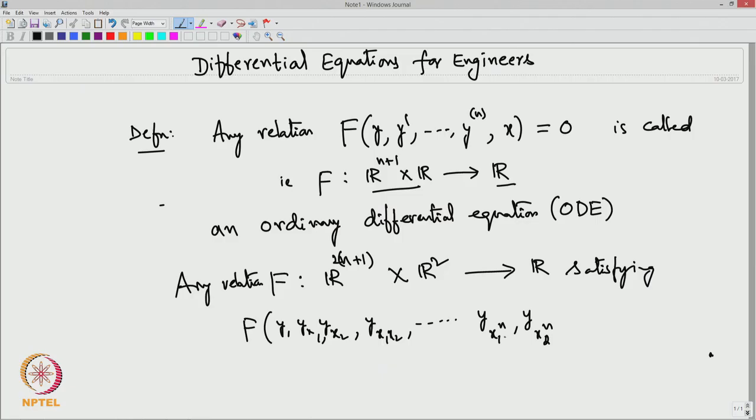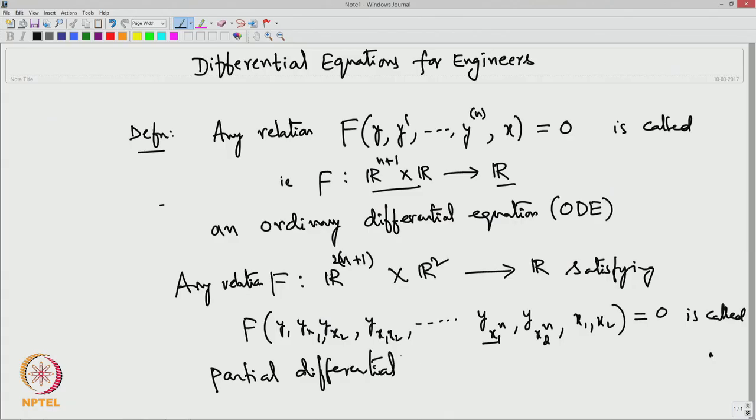That means y_x1 up to n times, like that, all the n derivatives, the partial derivative of order n of y divided by the partial of x1, n times. If x1 and x2 are two independent variables, this relation is called a partial differential equation, or PDE.